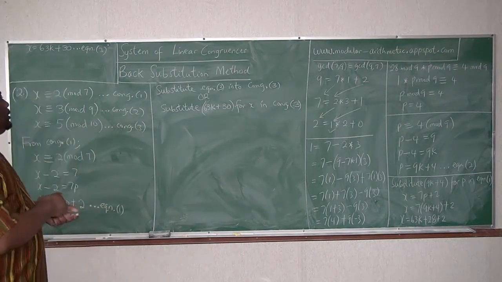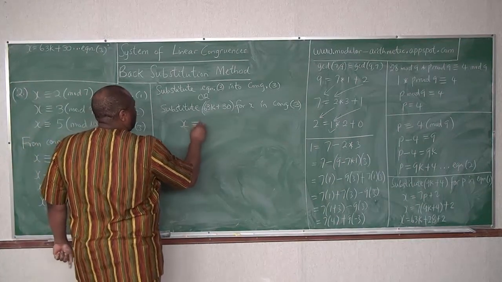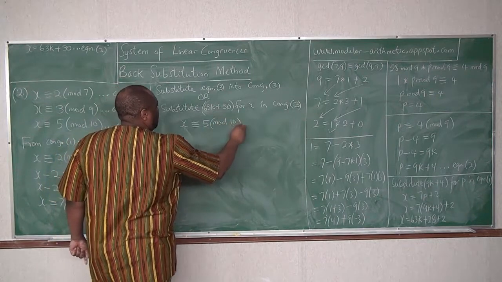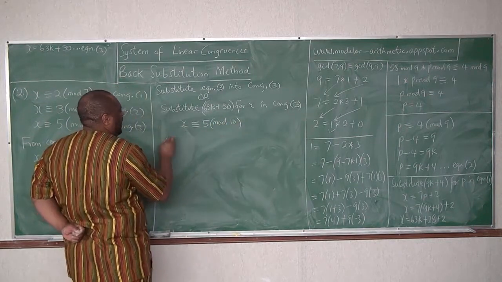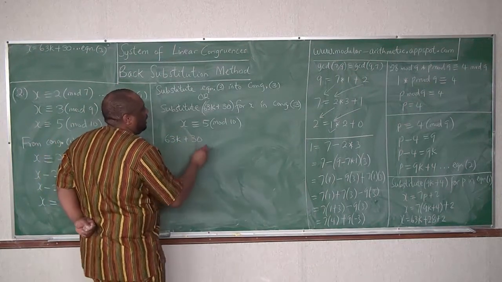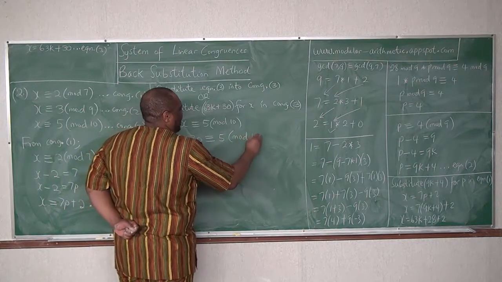Congruence 3 is x is congruent to 5 in mod 10. So we now have 63k plus 30 is congruent to 5 in mod 10.